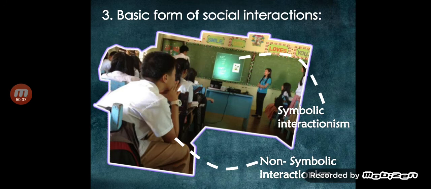Second one, we learn what things mean by observing how other people respond to them through social interaction. Let's say, for example, simple shaking hands, which is not advisable right now because of the pandemic.